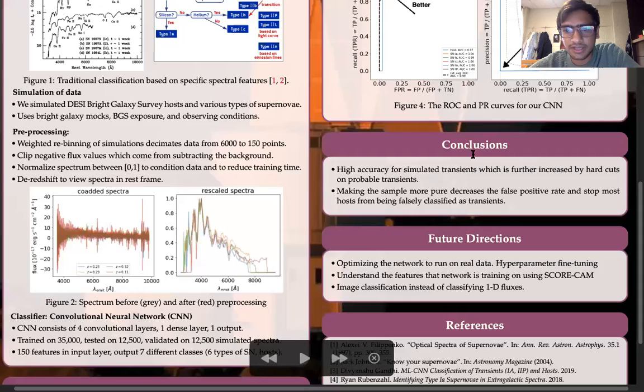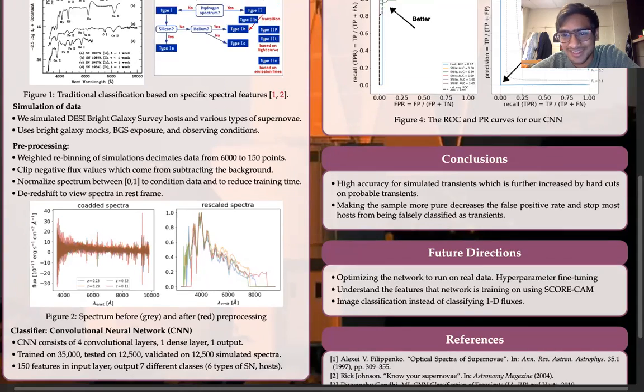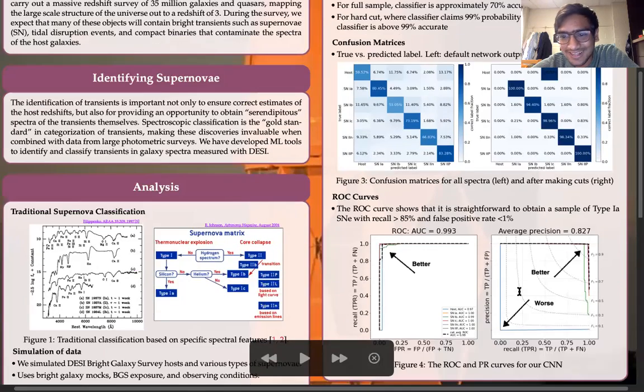We see that there's a high accuracy in classification, which is further increased if we make the hard cuts on the probable transients. We also see that if we make the sample more pure, it decreases the false positive rate and stops most of the hosts from being classified as transients, except that this one guy that somehow made it.